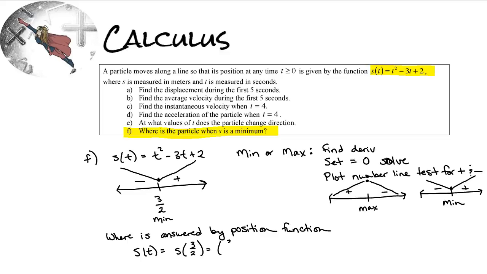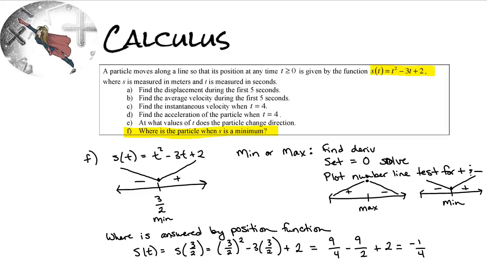And that will tell us where the particle is located, right at 3/2 seconds. And we'll probably get a fraction, but that's fine. So if we do this out by hand, I'm going to get 9/4 minus 9/2 plus 2. And you can use a calculator if you need to, but this comes out to negative 1/4.